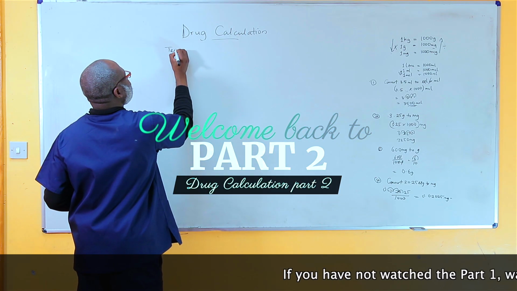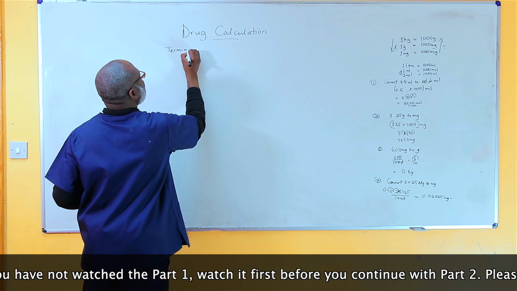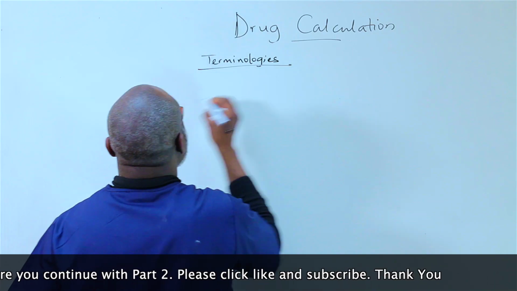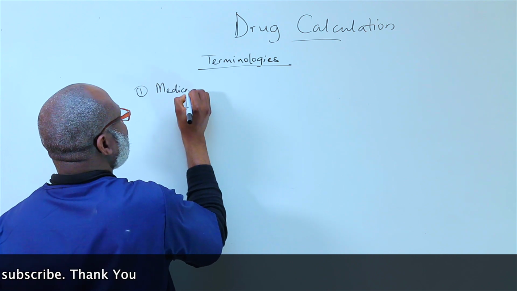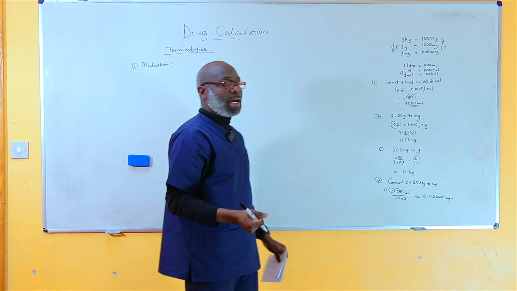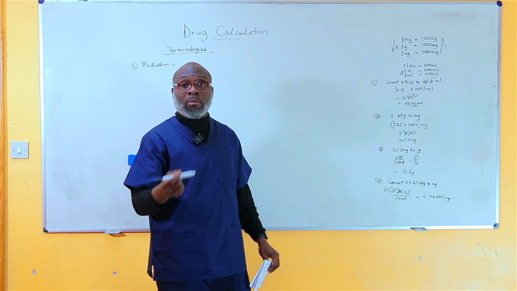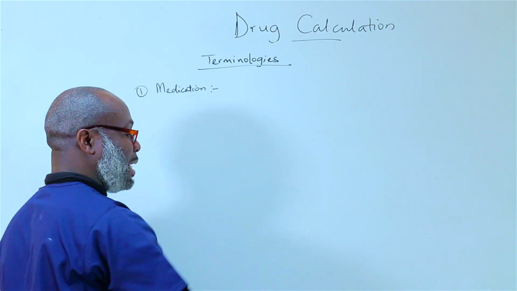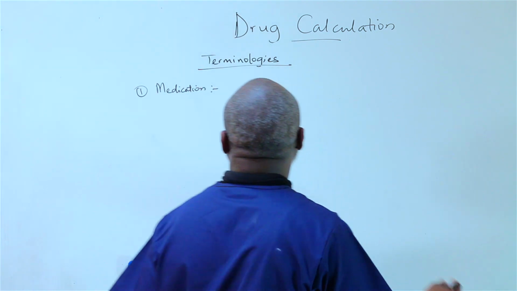The terminologies used in drug calculation. Number one, we'll talk about the medication. Like when they tell you that someone has pain, give the person 1 gram of paracetamol. Medication is the name of the drug that you're giving to a patient. What is medication?